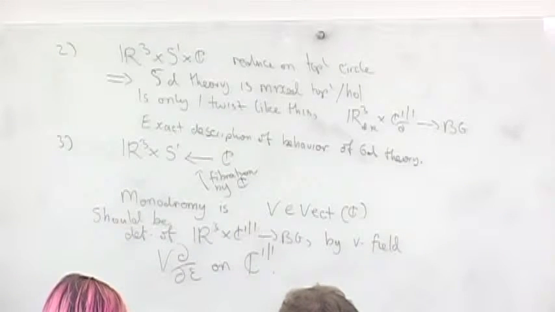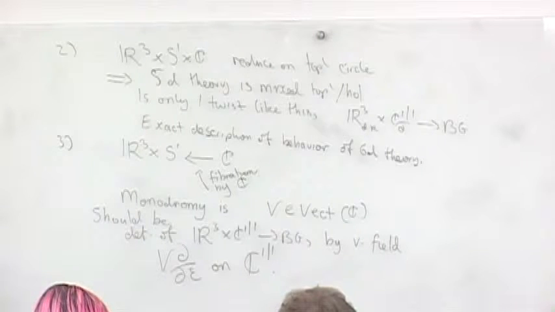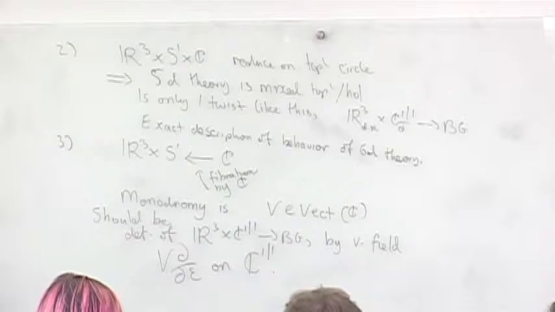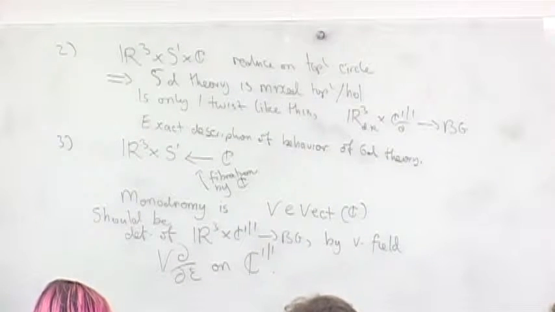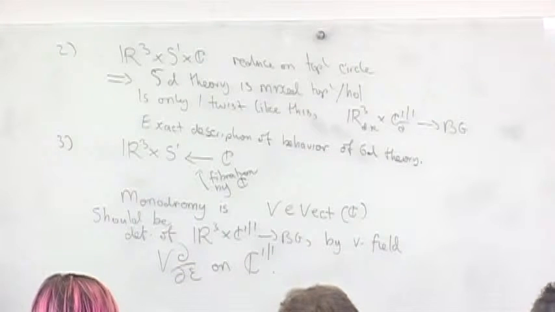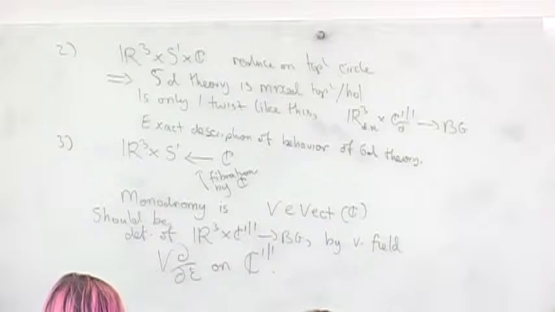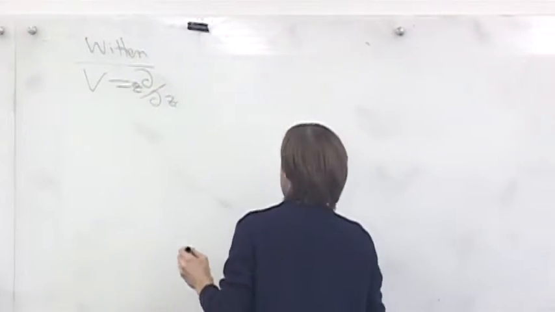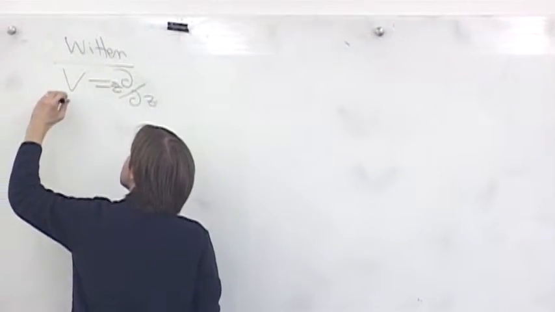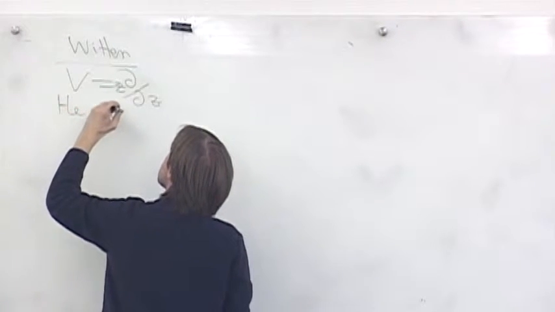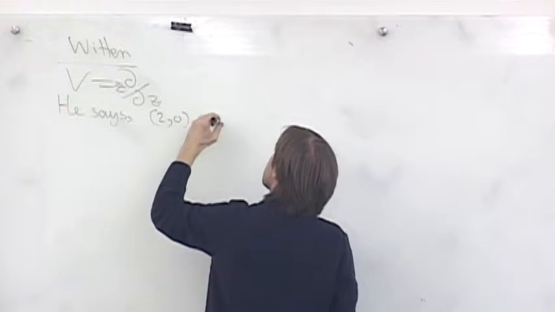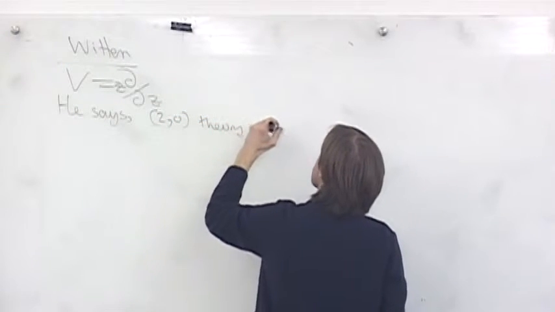Why this example is important is that Witten considered the case when V is z times d by dz. And then he says that in the 2-0 theory, we get Khovanov homology.